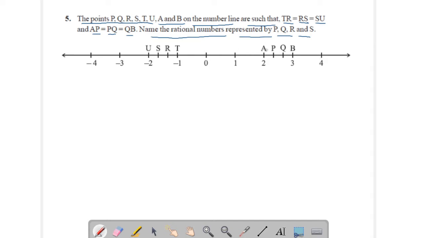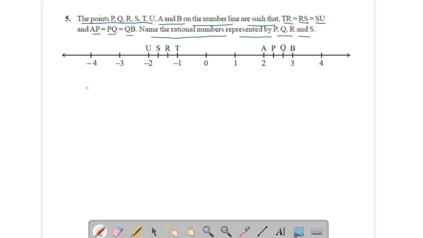Again, the distance between A and B is divided into three equal parts, and if you take one part it will be 1 upon 3, if you take two parts it will be 2 upon 3, and if you take three parts it will be 3 upon 3.